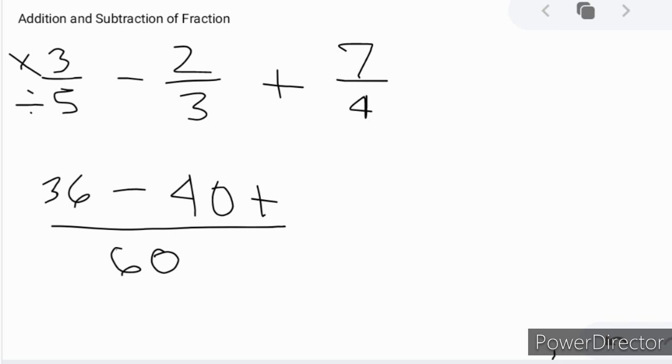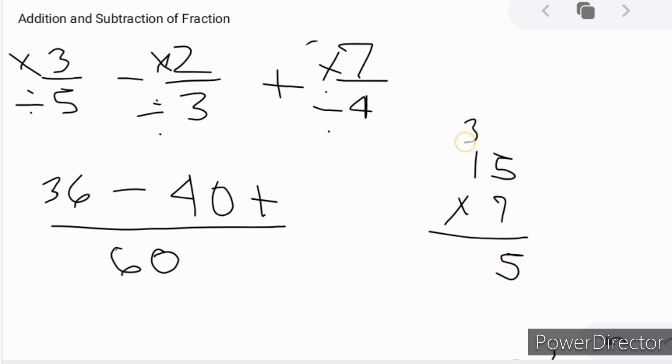Let's write divide and multiply first. 60 divided by 4 is 15, times 7. 15 times 7, 7 times 5 is 35, 7 times 1 plus 3 is 105.